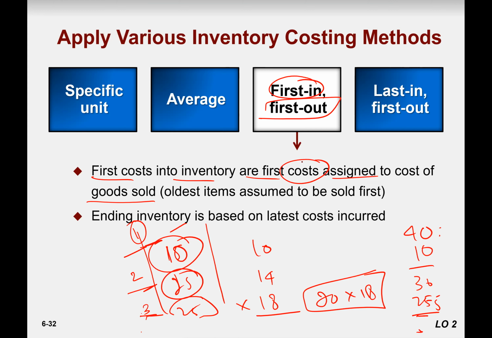So that's why we talk about the cost being assigned like that. It's not like the sale is assigned like that. The physical sale is going to be whatever comes first, according to the orders. But when we assign the cost, because we are in an inflationary period, the prices are rising, so every purchase is giving us different prices.